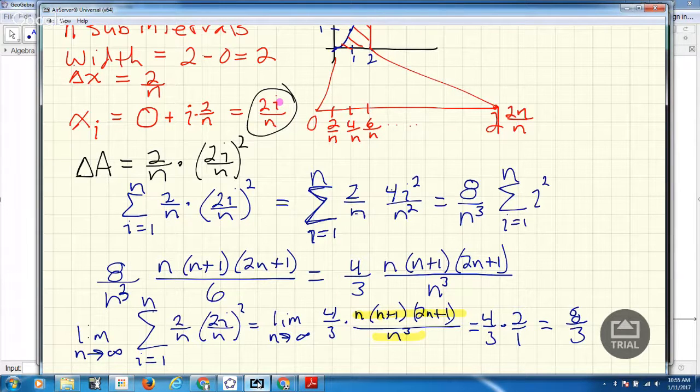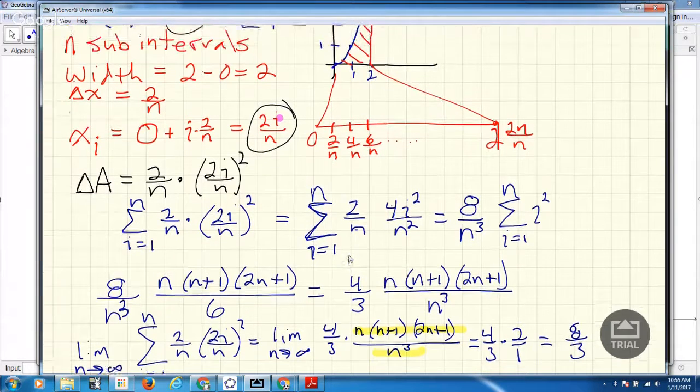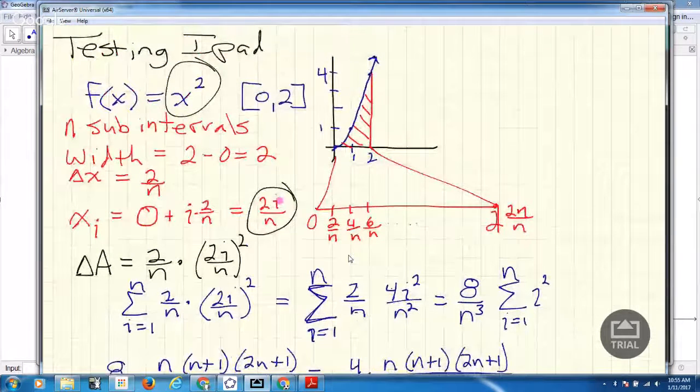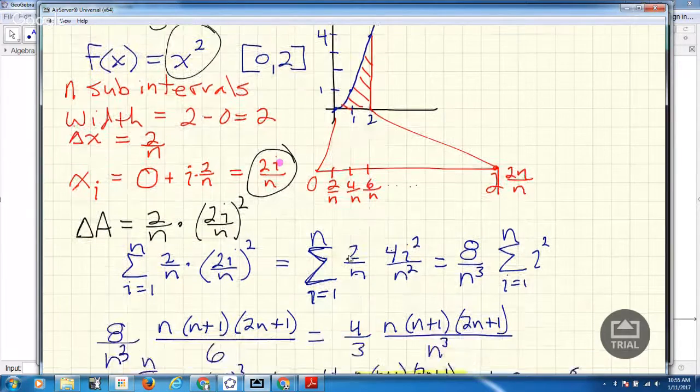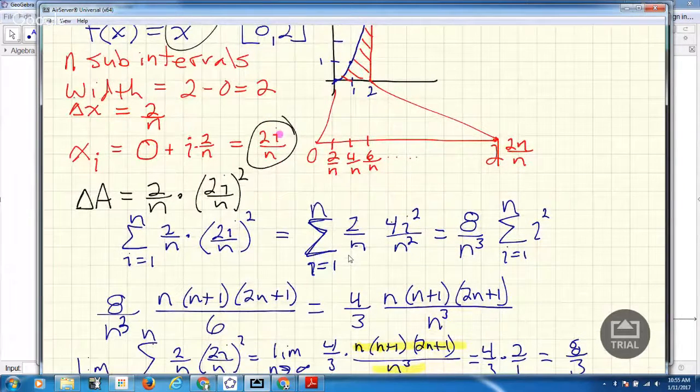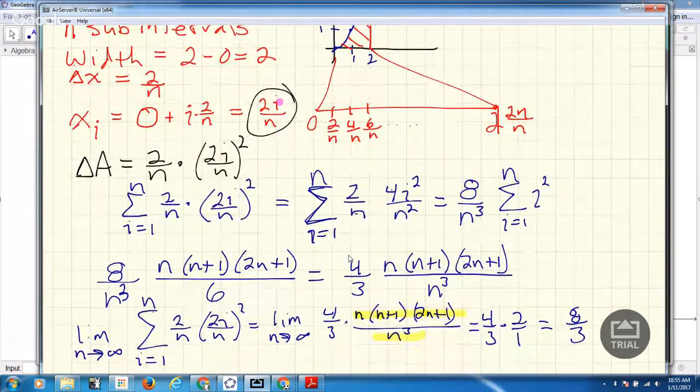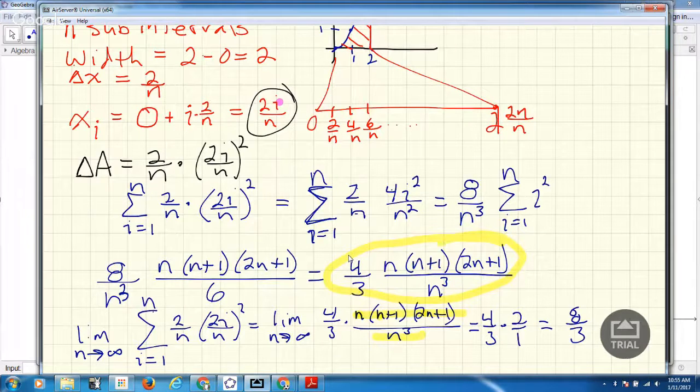And so I'm just going to check with a computer algebra system to see what it thinks about the area inside. So the claim is here that for any number of rectangles with right-hand sums for the area under x squared between 0 and 2, this right here is the area of the rectangles.